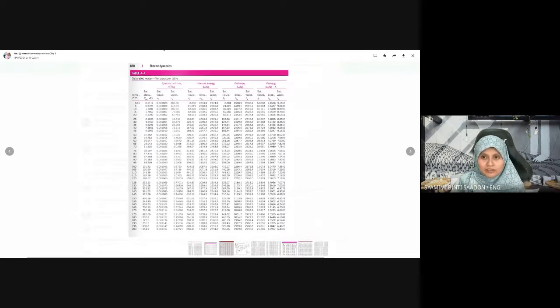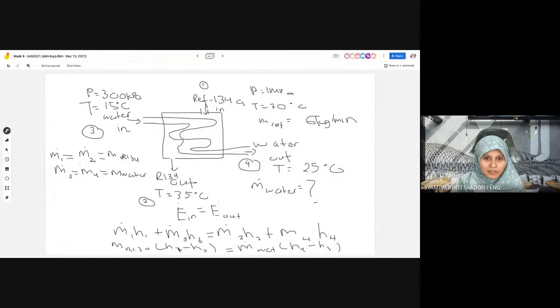Wait, wait a moment. I'm changing the table. Refrigerant table. It is table 11 and table 13. I'll share first.